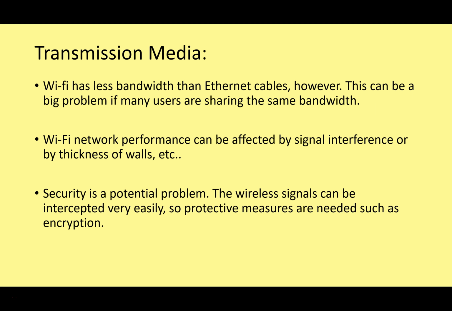You also have this potential problem of security. Wireless signals can be intercepted very easily, so protective measures are needed to ensure that our network traffic is secure. So you have to encrypt the data from one side to the other to make sure anybody who's picking up on those data packets that are flying through the air can't actually read the data that they're intercepting.